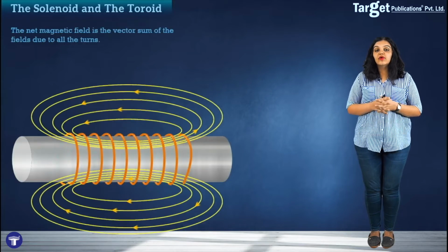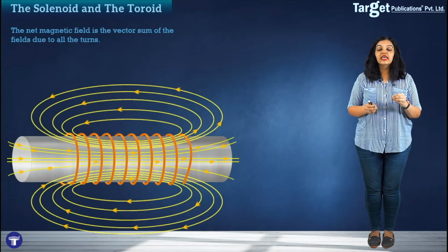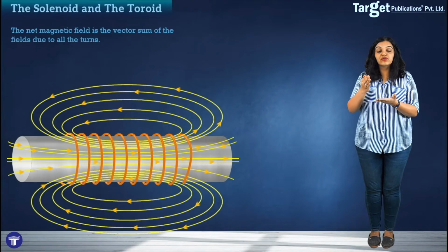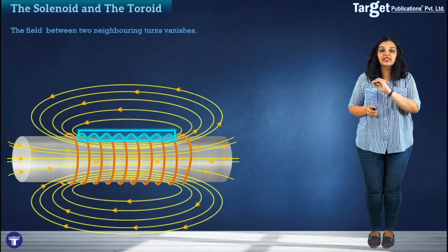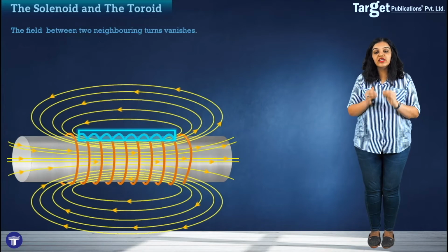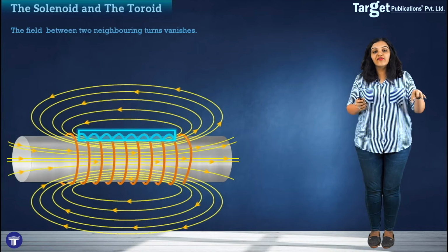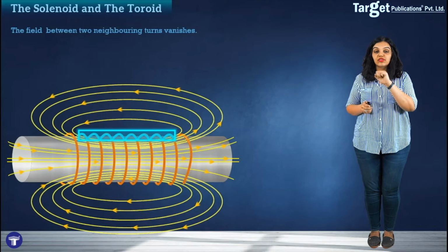The next thing that we're going to say is that if you analyze the magnetic field of a solenoid, you will see that the net magnetic field, which is going to be the vector sum of all the fields due to all the turns, you'll see that in the middle there is some gap, that there is an empty space. This is because the field between two neighboring turns tends to vanish in this gap, and therefore you see that there is empty space on the top and bottom where the turns are close to each other.